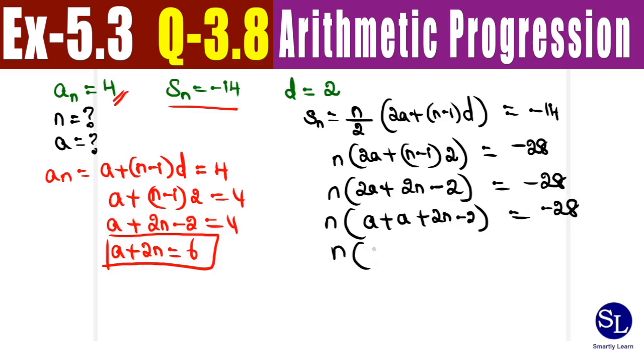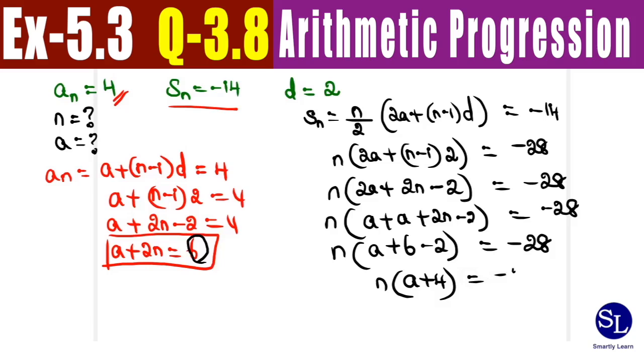So n into (a plus minus 2), I have placed it there. So a plus 2n, I know the value from this particular expression is 6. So a plus 6 minus 2 is minus 28. So (a plus 4) into n is equal to minus 28.